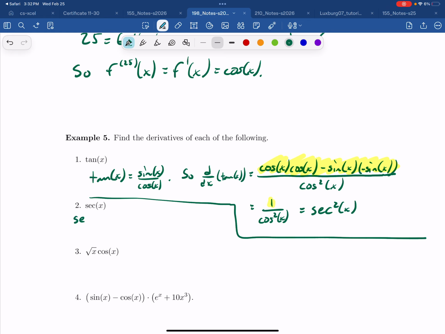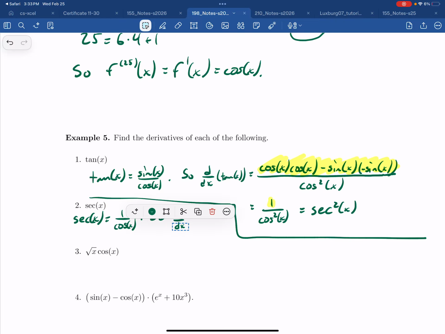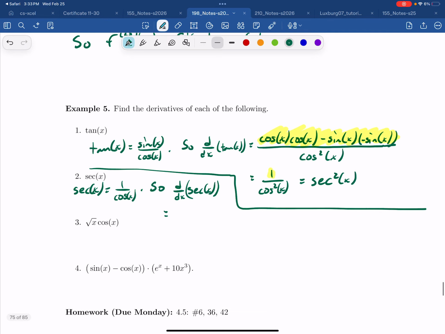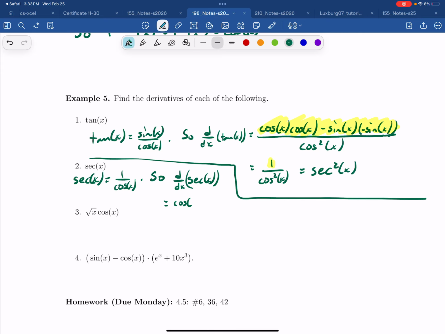All right, let's do a similar derivation with secant of x. Now remember, secant of x equals 1 over cosine of x, so we can use the quotient rule to derive this. So the derivative of secant with respect to x is going to equal low d high, so cosine of x times 0, minus high d low, all over low squared.